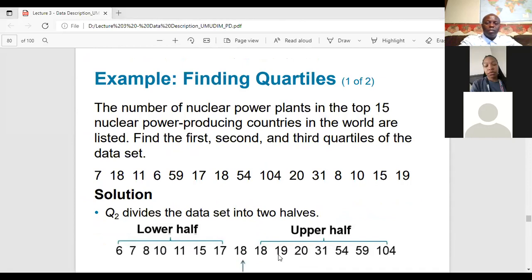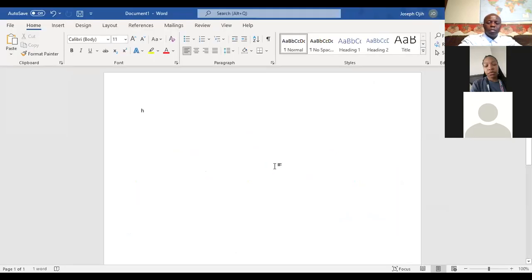For the quartiles, let me open a new page where you can see more. I will be using that for getting our formulas. One will be the workbook, the other one will be for the formulas. So this is the workbook.